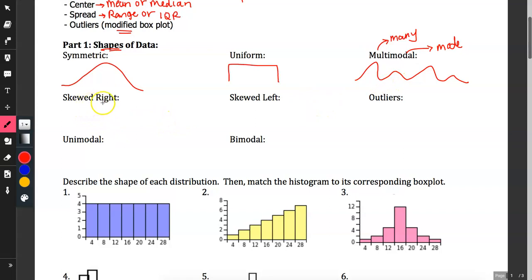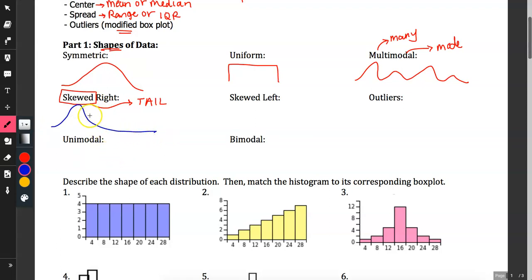Skewed right. Now these skewed ones are the ones that people mix up all the time. The word skewed means the tail of the graph. So let me draw it. I'll change colors so you can see. If it's skewed right, that means the tail is on the right side, not the peak. So it would look like this. Really high point on the left and then a big long tail going to the right.